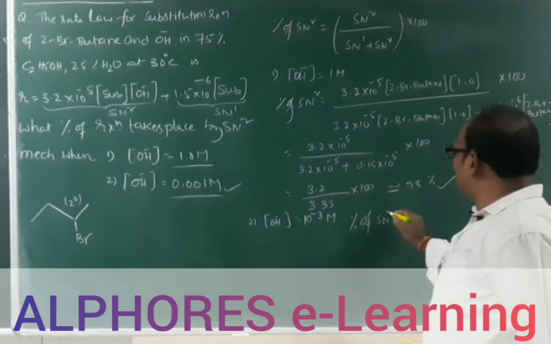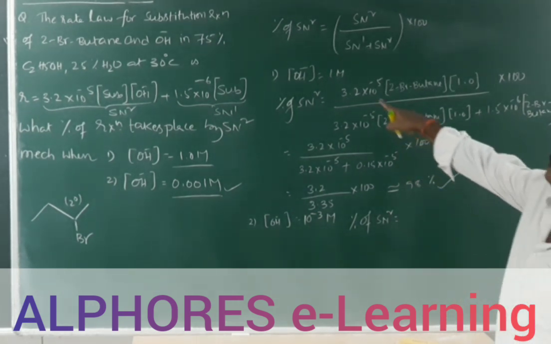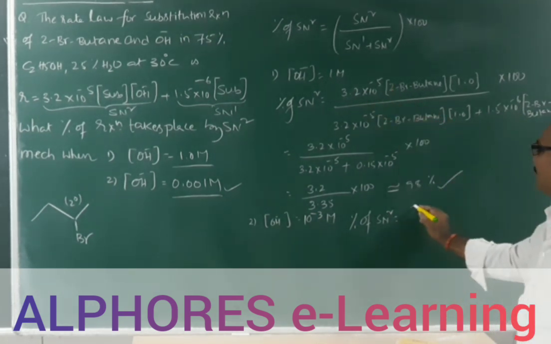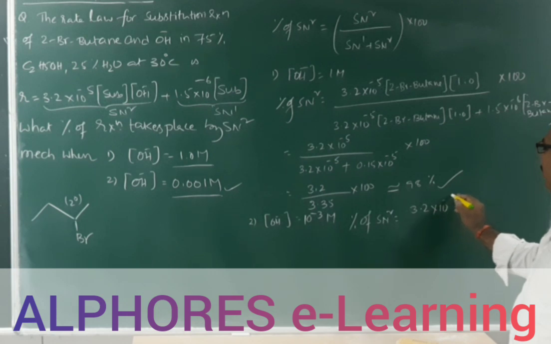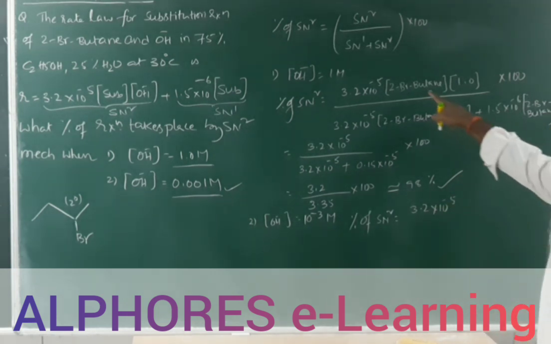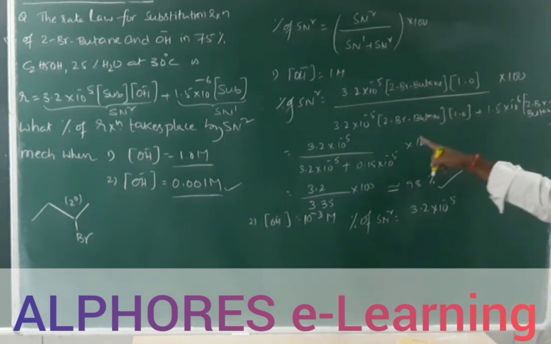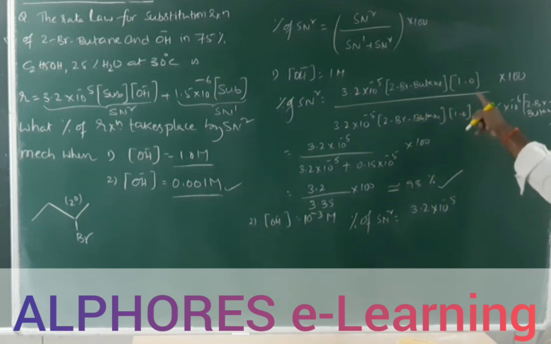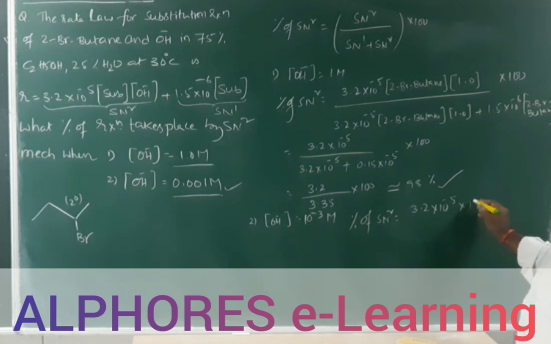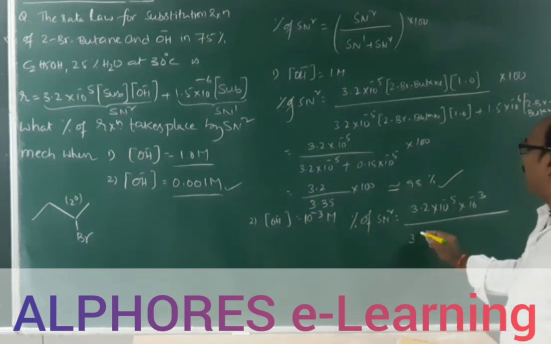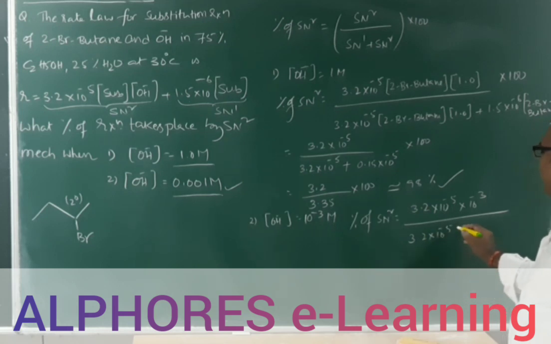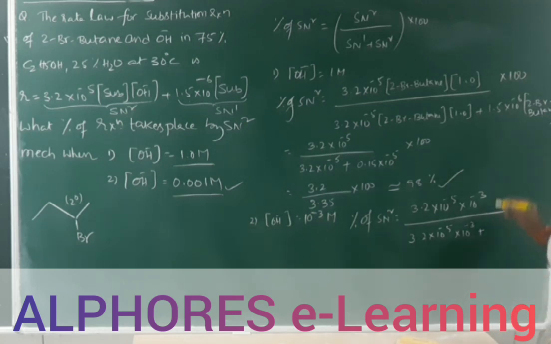Percentage of SN2 is equal to 3.2 × 10^-5 into 10^-3, divided by 3.2 × 10^-5 into 10^-3 plus 1.5 × 10^-6. The 2-bromobutane gets cancelled.